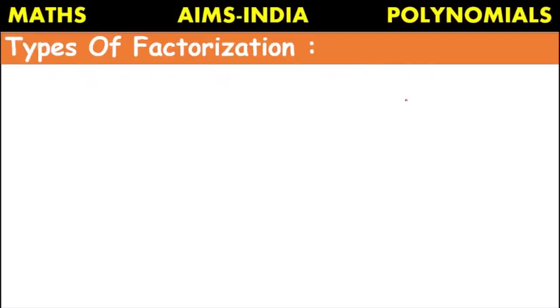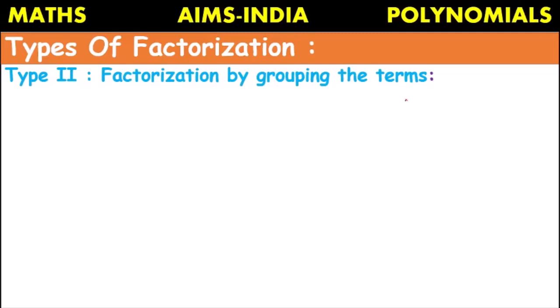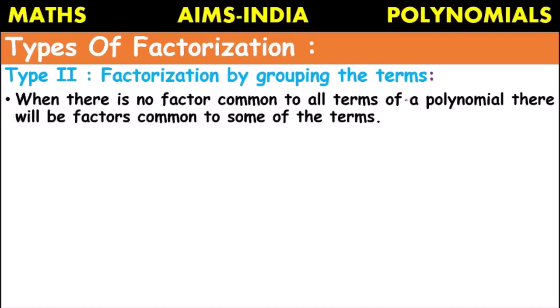Next, the second type: factorization by grouping terms. In the previous example we took the common factor, but consider that in the given polynomial there is no common factor for all the terms.